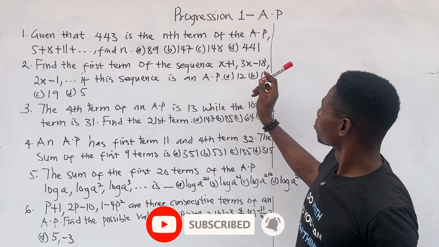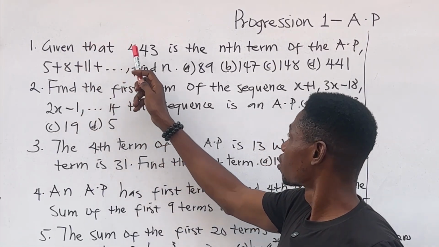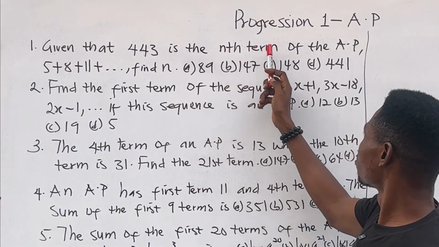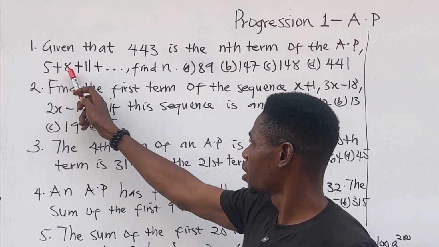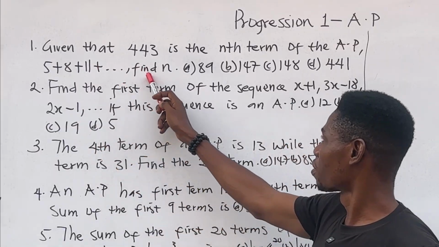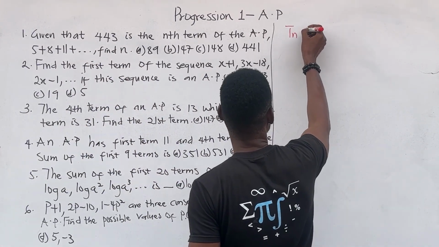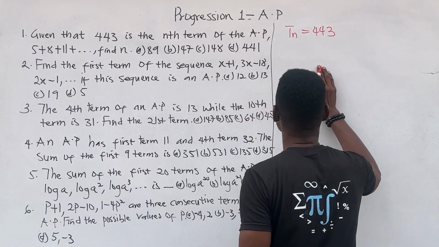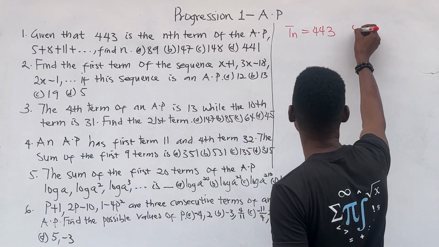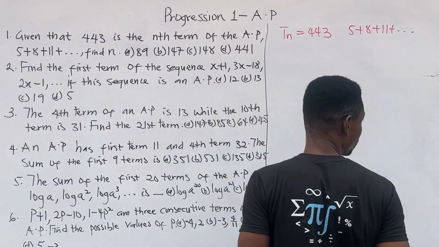So the first question says, given that 443 is the nth term of the arithmetic progression, that's AP, 5, 8, 11, and so on, find n. So the nth term is 443. Now remember, we have given 5, 8, 11, and so on, right?